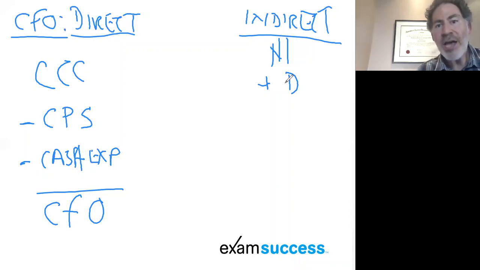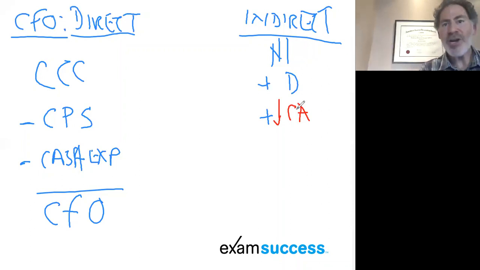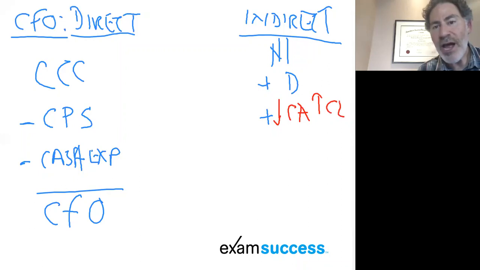So you are going to add a decrease in a current asset, except for cash. We're eliminating cash. So if the accounts receivable goes down, that means you collected some cash. You're also going to add any increases in current liabilities, except for notes payable, which are debt. So if the accounts payable goes up, that's a source of cash.